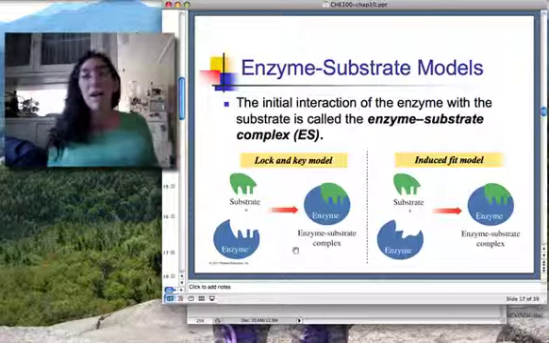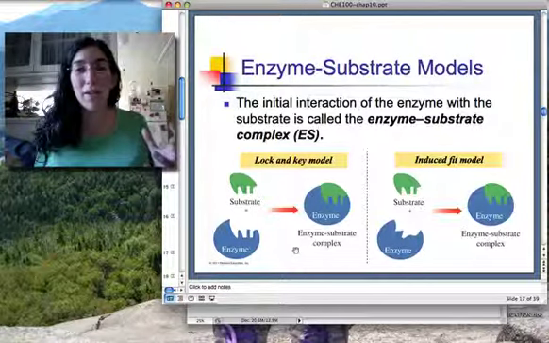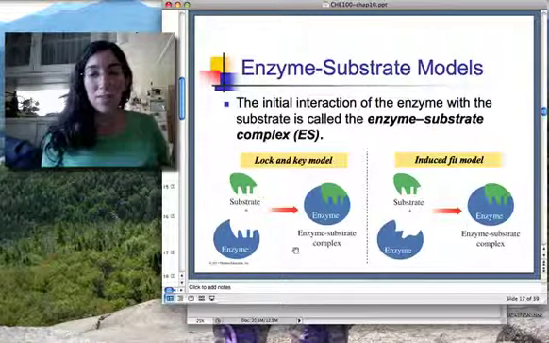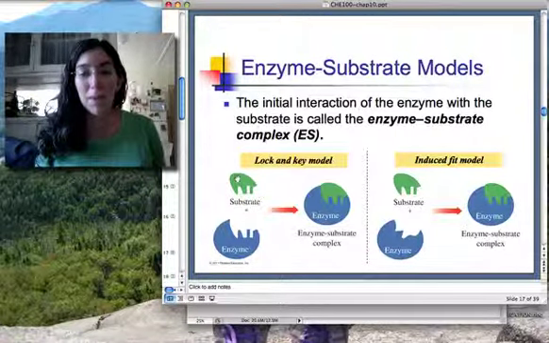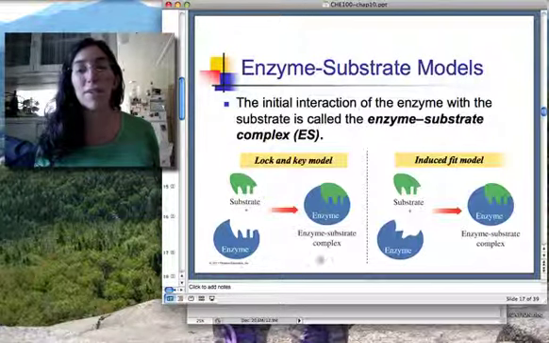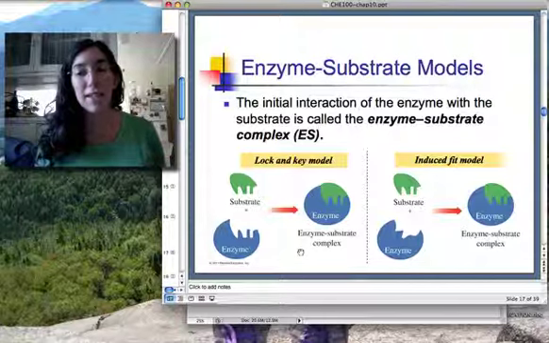You could have 100 locks and 100 keys, but only one key is going to fit each lock. So in this model, the substrate fits perfectly into the enzyme. It's the only molecule that fits perfectly into the enzyme. That's the lock and key model.